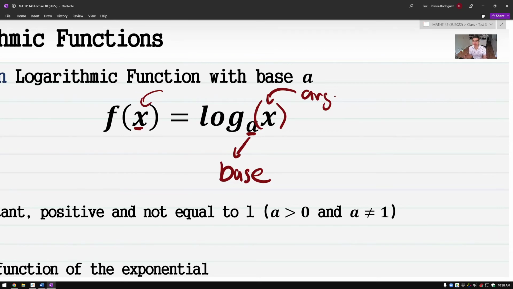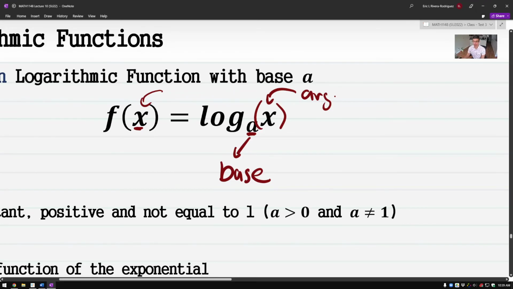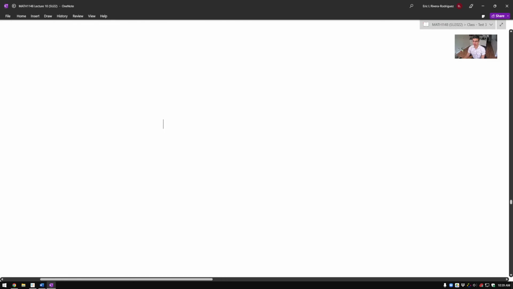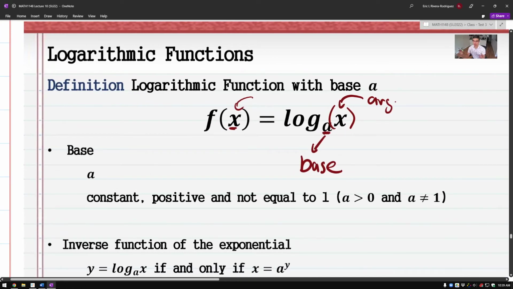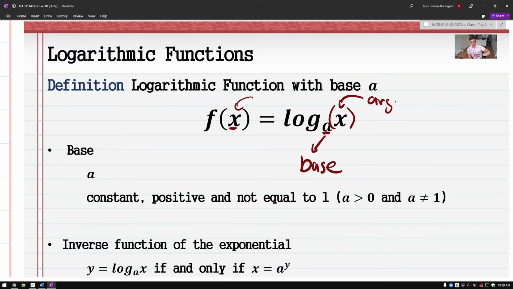If the argument is just a fixed value, then the logarithmic function gives us just a value. We are going to talk more about that when we work with exponential and logarithmic functions, so you will understand that part better. What's important here is to know that we have the base and we have the argument.